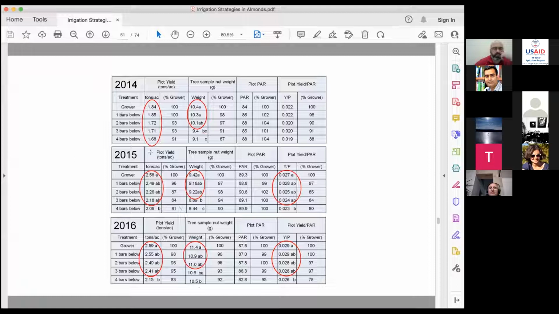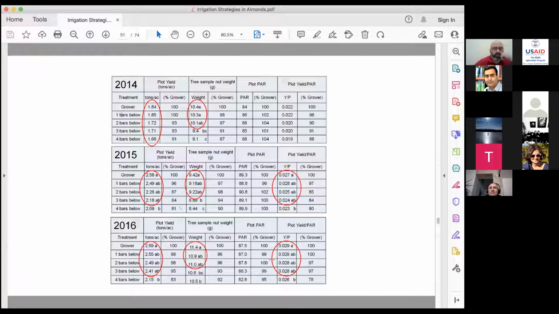And the same thing happens with this treatment. If you continuously stay 4 bars below, which means you are continuously applying 85 to 90% of your tree demand every single irrigation, then you are going to have significant yield losses. However, if you stay around 95, 96% of your full tree water demand, you actually do not lose any yield.